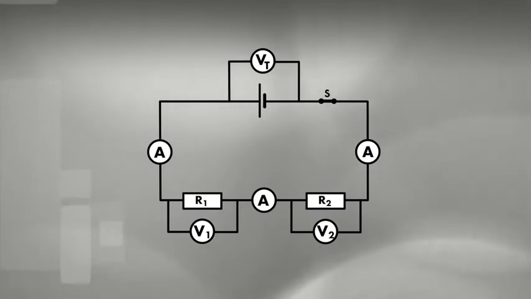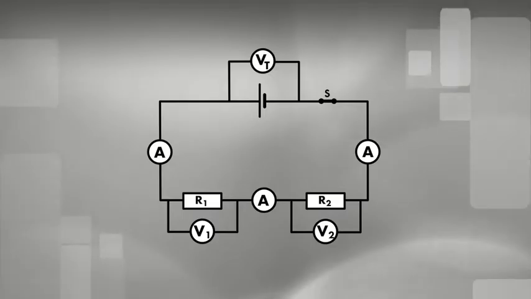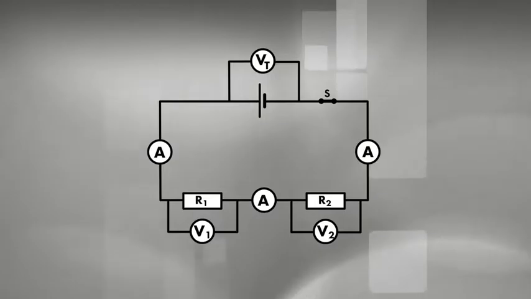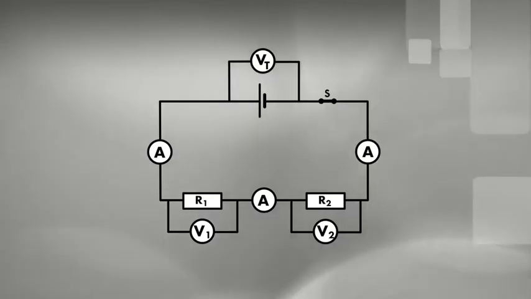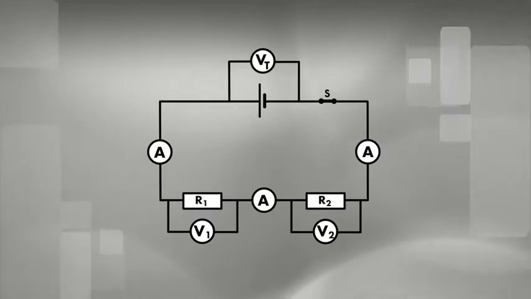The first voltmeter, V1, reads the potential difference across the first resistor. The second voltmeter, V2, reads the potential difference across the second resistor, R2. The voltmeter connected across the cell reads the terminal potential difference across the cell, labeled VT.